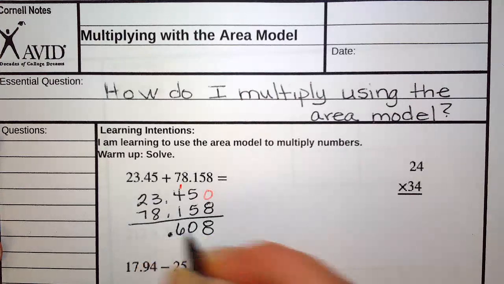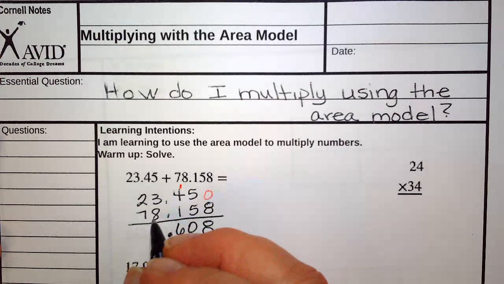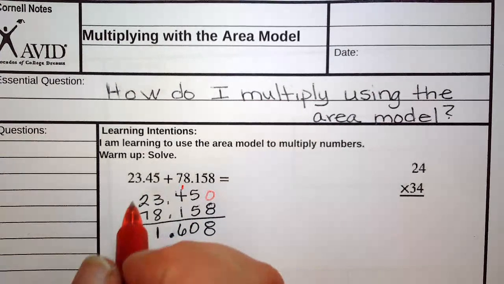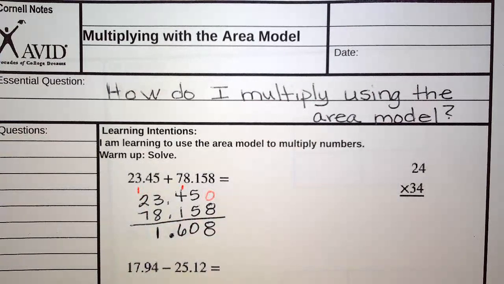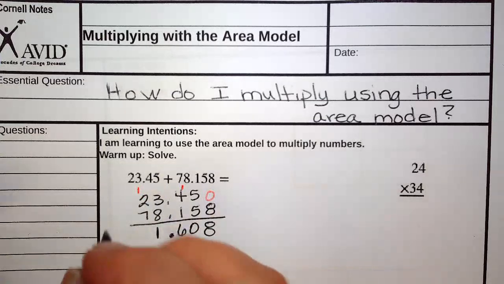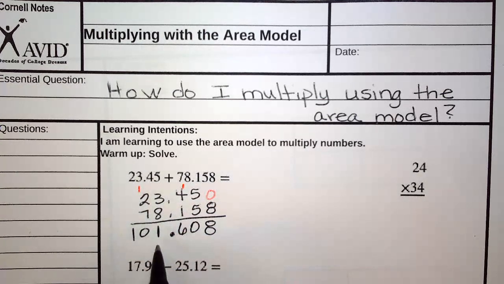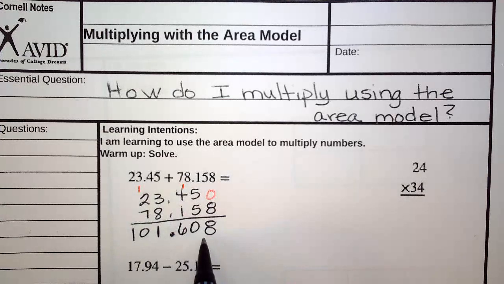Bring your decimal. 3 plus 8 is 11. Write the 1 down and carry a 1. 1 plus 2 is 3. 3 plus 7 is 10. So my answer is 101 and 608 thousandths.